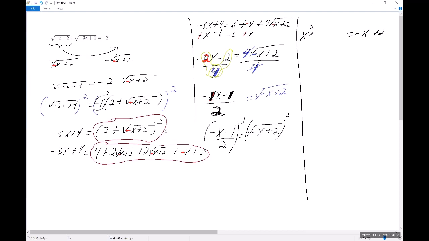First, and then outer is going to be plus x. Inner is going to be another x. And then plus 1/4.